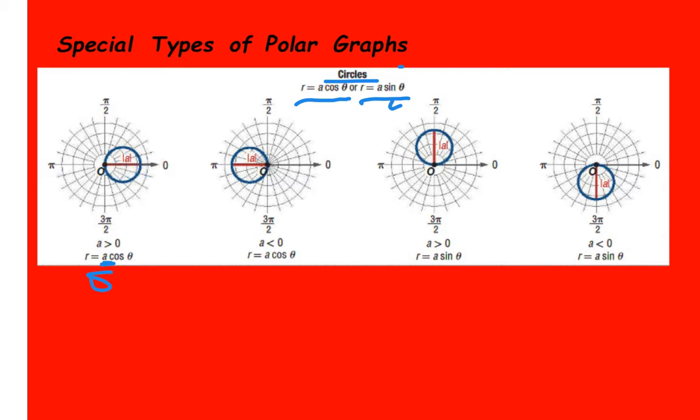And if a is negative, it's going to be on the other side for cosine, again going out however far a is. Now for sine, it's symmetrical with respect to pi over 2, so it is going to be either up or down. It's up if a is positive, it's down if a is negative. And of course it goes out however far a is.